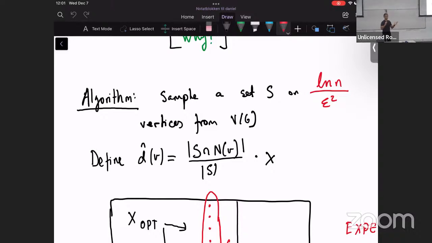So what is it that we actually want to happen? When we sample S uniformly at random from the vertices, the good event that we're interested in is that our sample is all sampled from the optimum solution. What is the probability that our sample is taken from the optimum solution?